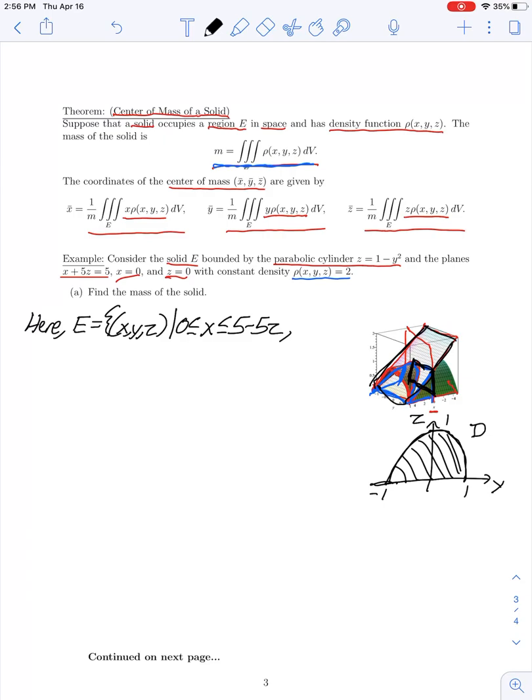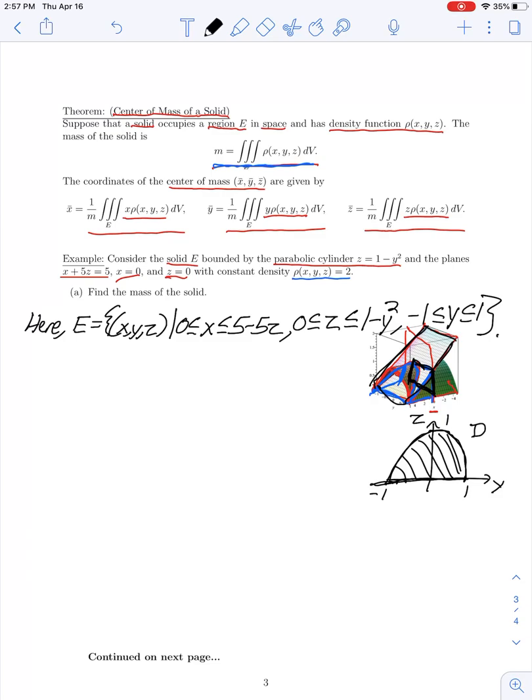Our intercepts would be plus minus 1 for y, since z was 1 minus y squared. So here we could bound z below by the y-axis, which is z equals 0, and above by the parabola 1 minus y squared, where our y values could range from -1 to +1. So a little bit tricky to describe this region.